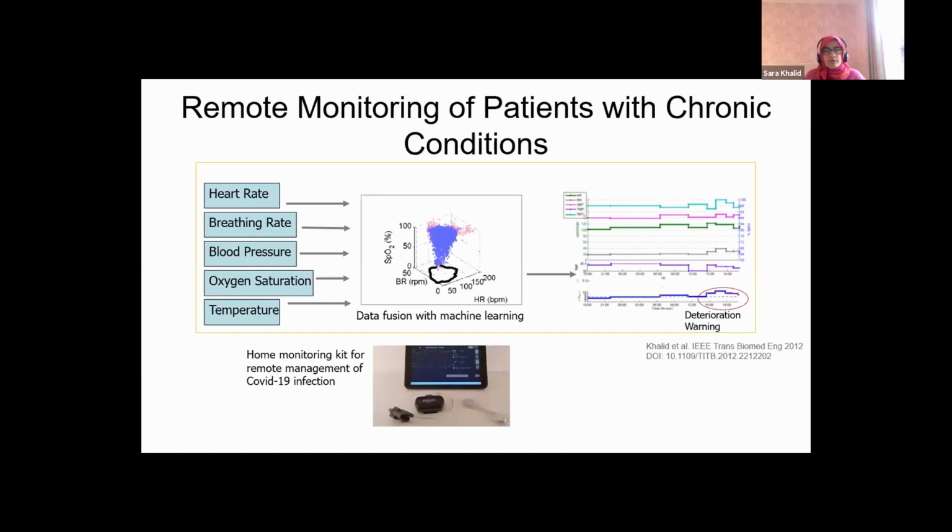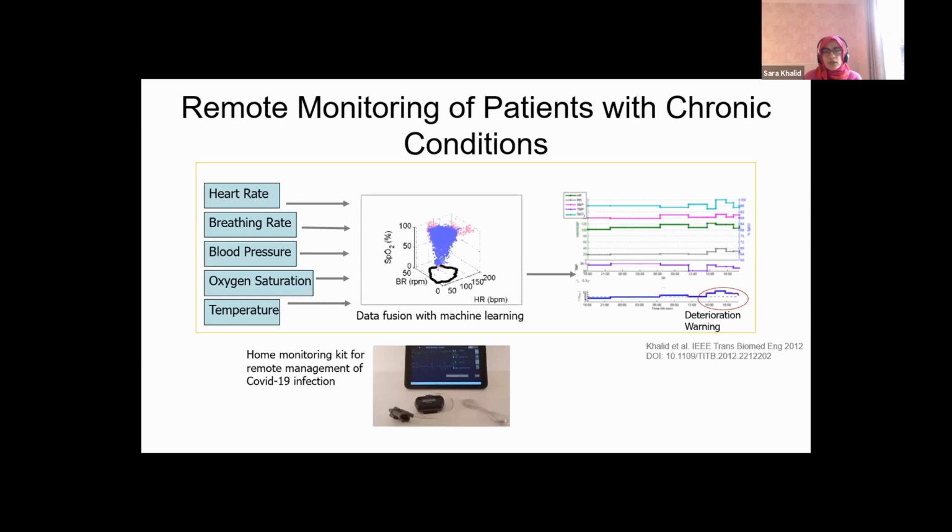Remote monitoring of patients or e-health has also shown potential for self-management and remote management of chronic conditions such as COPD, which I referred to earlier on, kidney disease, diabetes, and monitoring of women in pregnancy situations where they don't have direct access to healthcare.